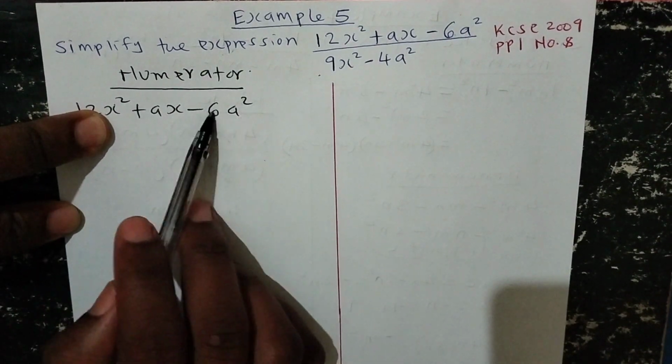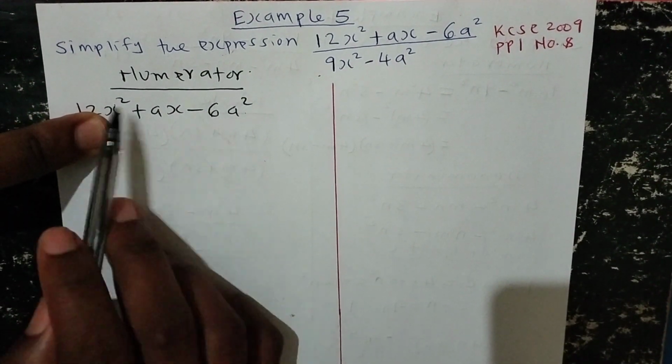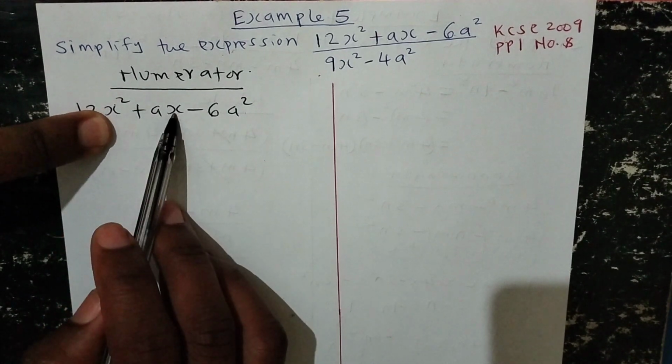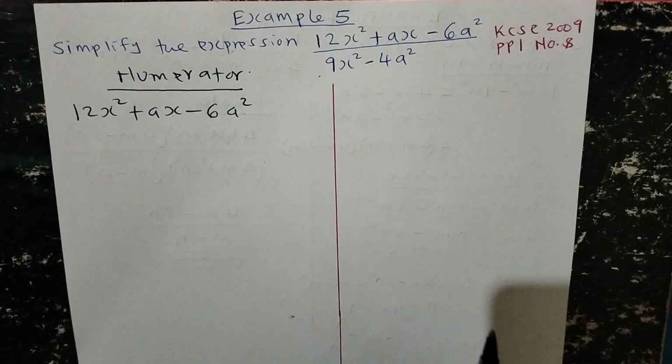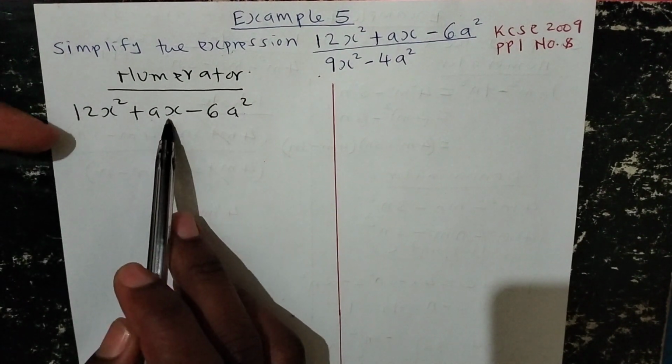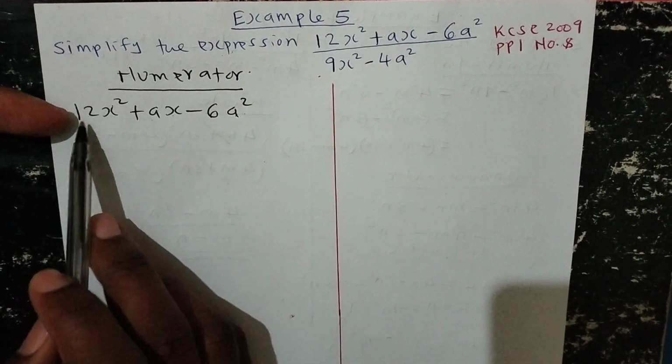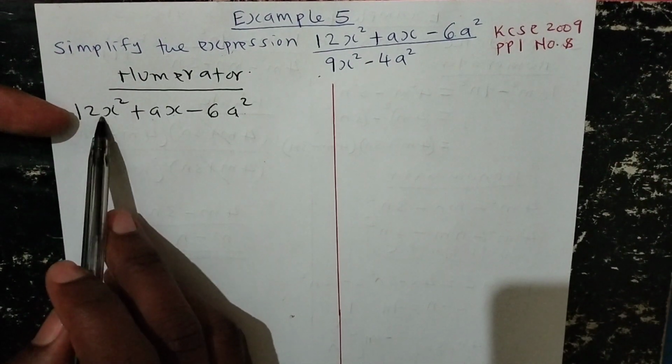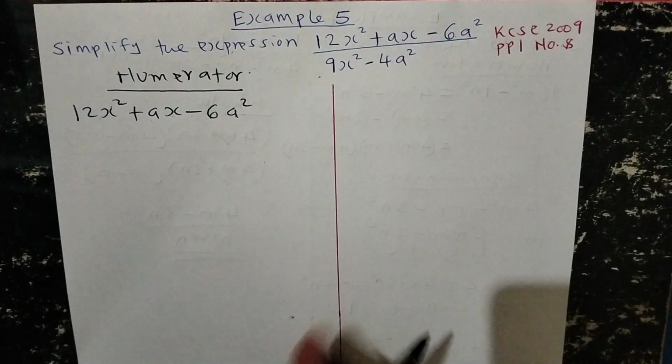For example, 6a squared in this case will be a constant. Remember, another person can choose to pick a to be the variable. In that case, the term that does not have the a, which is 12x squared, will become the constant. But the answers will be exactly the same.